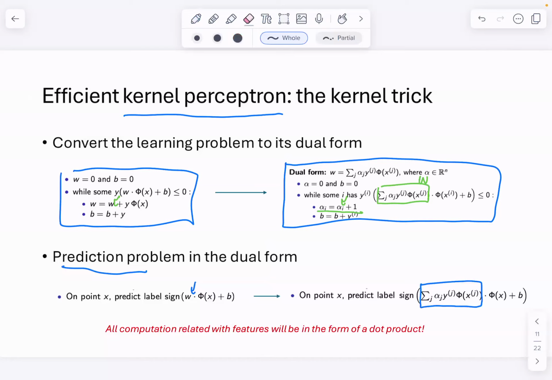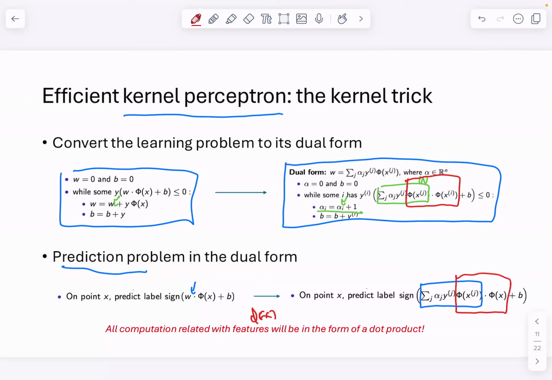Then we can observe something interesting: all the computation related to the features, I mean phi x, the new expanded features, is in the form of dot products, right? As we see in the learning problem, all we need to compute for phi x is only a dot product, and this is also true for the prediction problem.